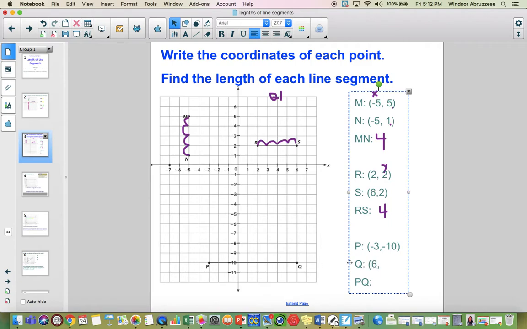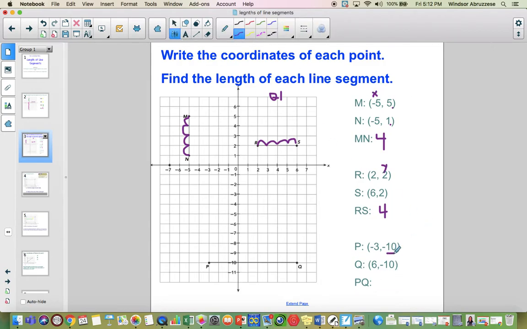So 6, negative 10. So again, my y coordinate is the same here. So I'm going from negative 3 to 6. So let's count. 1, 2, 3, 4, 5, 6, 7, 8, 9. There's a distance of 9 units.